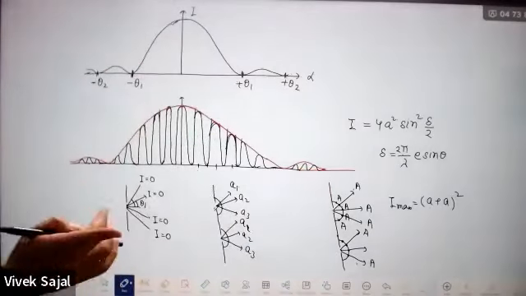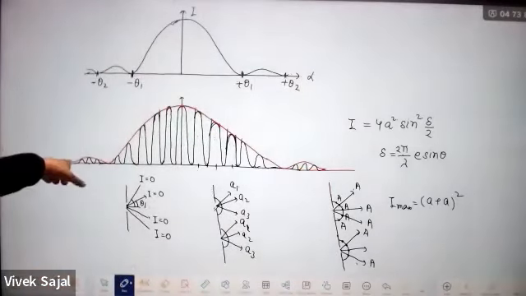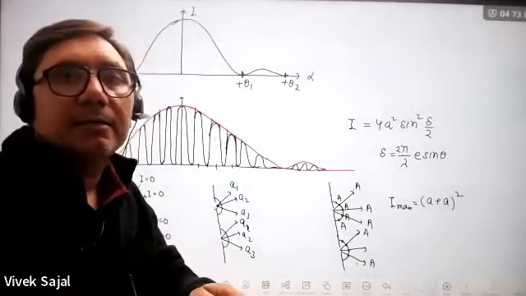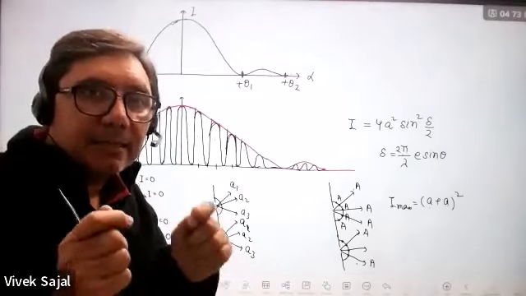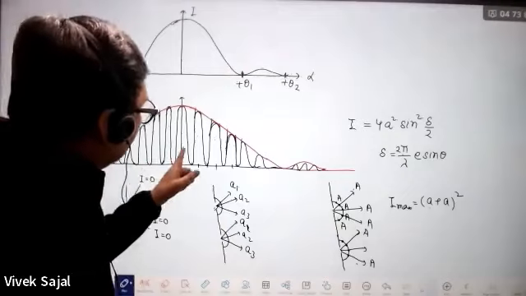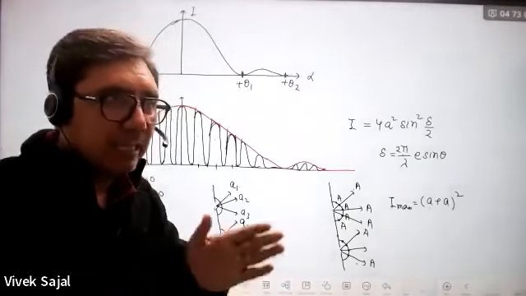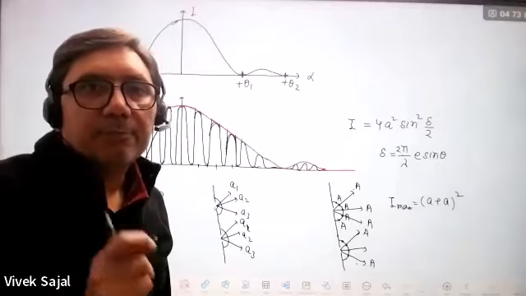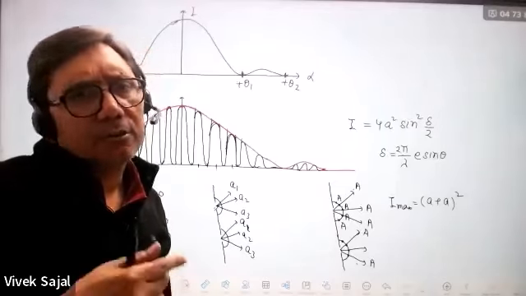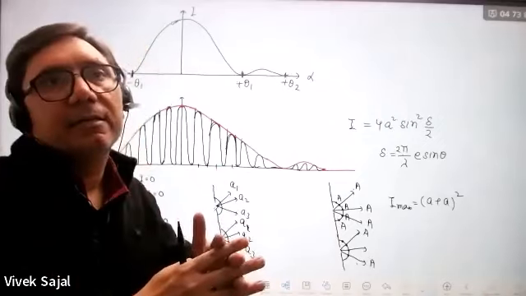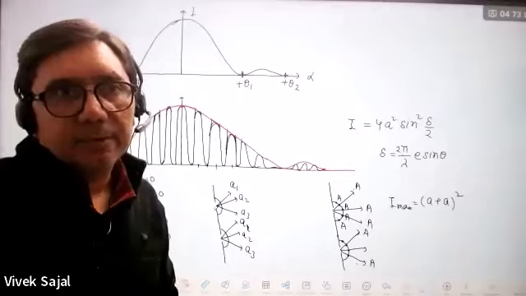So after double slit diffraction, this envelope is governed by the diffraction taking place at the individual slits. But the position of these interference maxima, which are called principal maxima, or simply interference maxima, is governed by the interference that is taking place.